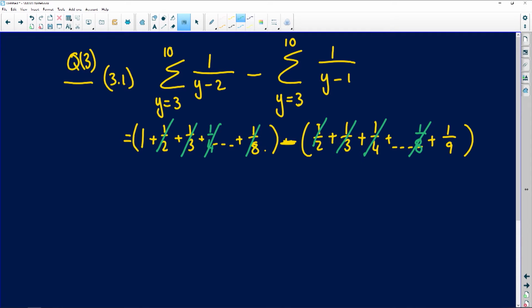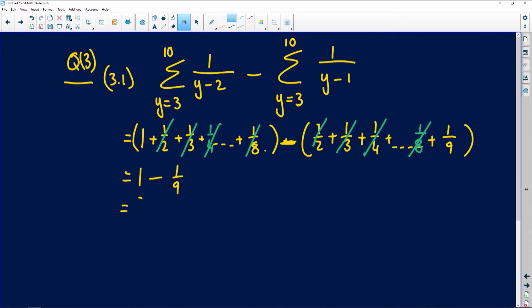And what am I left with? Look at the poetry here. I'm left with 1 minus a 9th. I didn't touch a calculator. And that was the beauty of this question, to keep it separate so you can see how things cancel one another out at the end of the day. So here we have 8 over 9 as our answer for those two sums subtracted from one another.